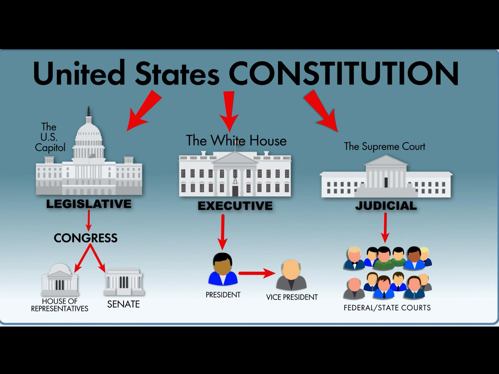That's not how our system works. Our system was supposed to be and was built on purpose to be slow because we had experience with monarchs and a history of being treated badly. So they built a system that is slow and sometimes frustrating, but I'm sure the founding fathers are smiling.